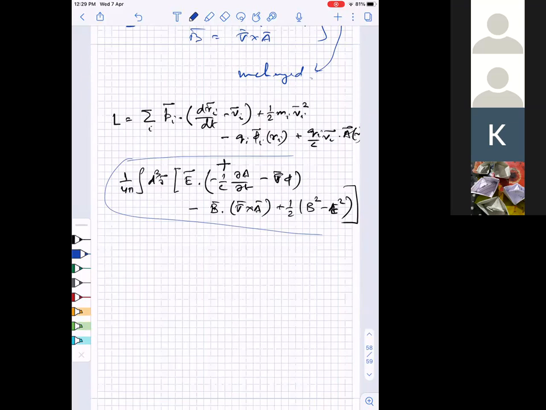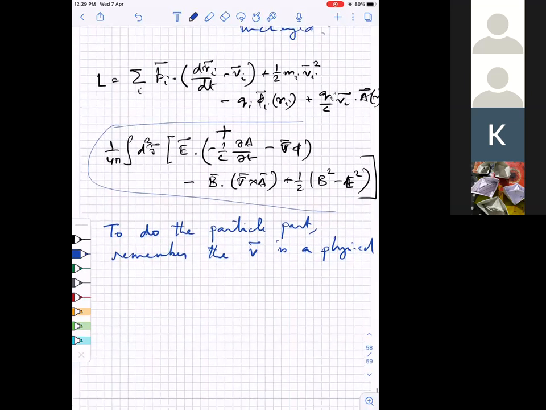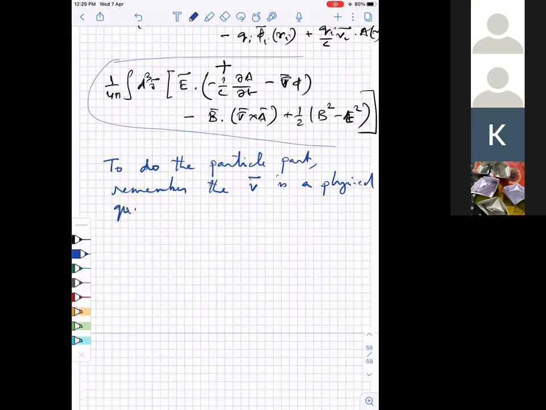So remember, to do the particle part, the important thing is to remember that the velocity v is a physical quantity. So it must be invariant.